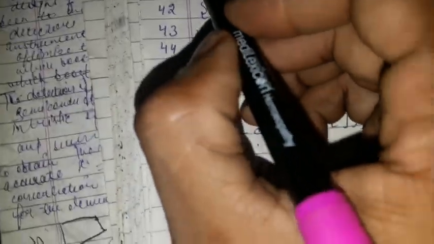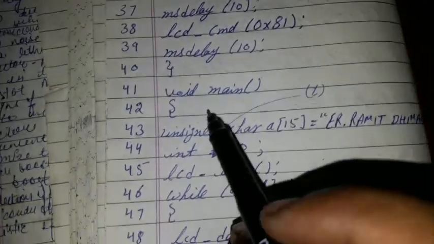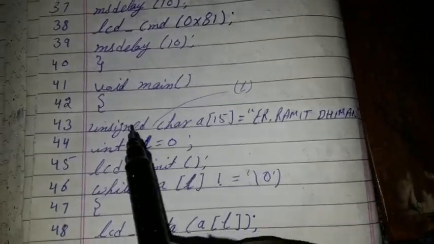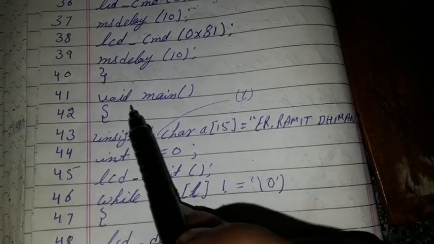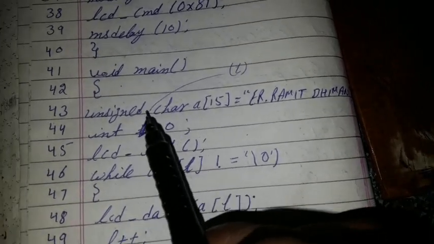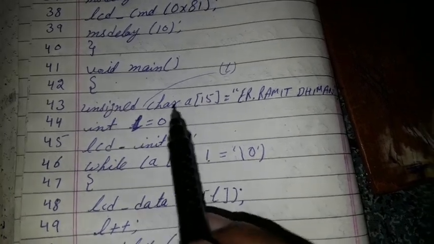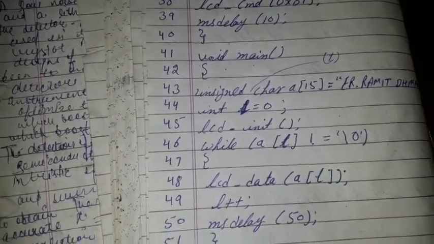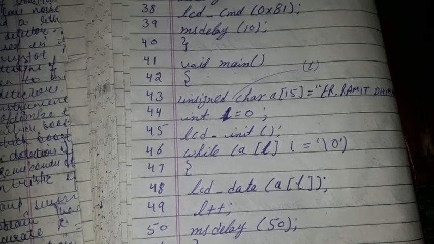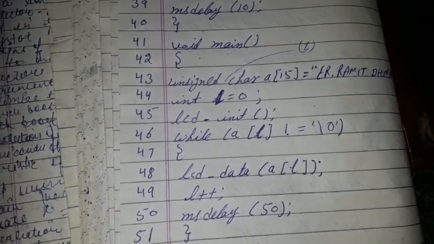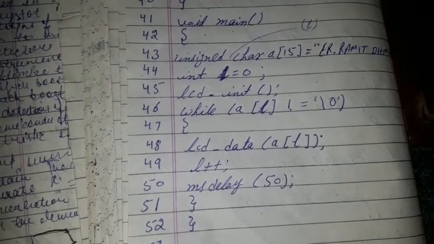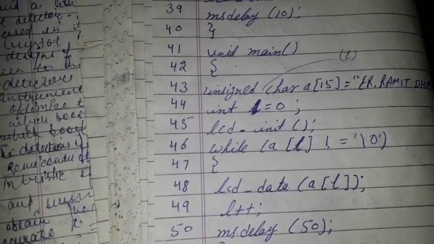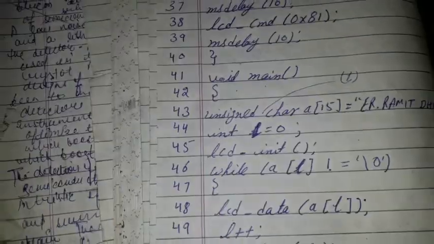After a millisecond delay, the command section is closing, the LCD is initialized, and here we have the main program. Here we use an unsigned character array. Void main means it is the main program, which is displayed on the LCD. Unsigned character means there are no signs. Here it is a string of 15 characters.